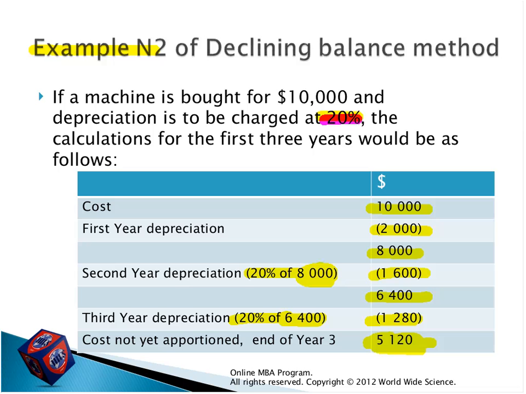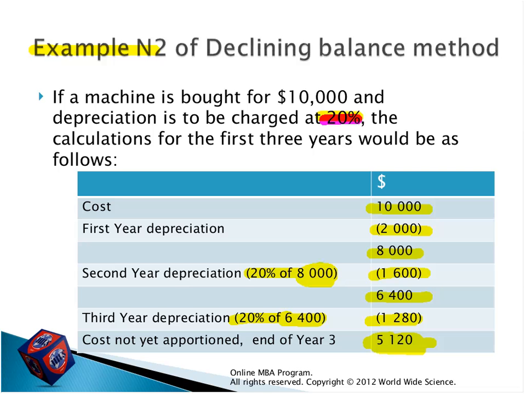Starting from the straight line method. In the straight line method, we don't have any percentage rate, right? Because we just take the original cost, deduct the salvage value if you have one, and divide by the useful life of the equipment. That's all, right? No percentage rate.